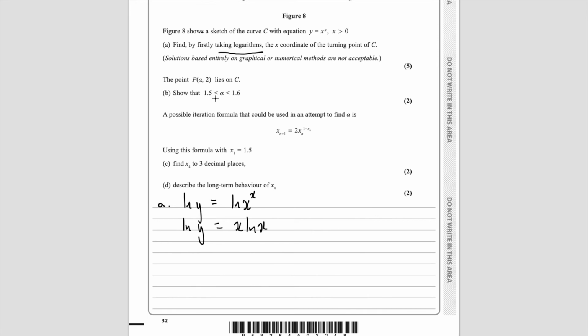Now what we need to do is apply differentiation, and the way in which we do so, where we've got a function of y and a function of x on both sides of an equation, is through implicit differentiation. So ln y would differentiate to 1 over y. Remember, we differentiate this y as if it was an x, and then just add dy over dx next to it. That is the process of implicit differentiation.